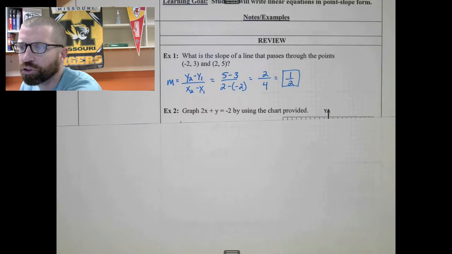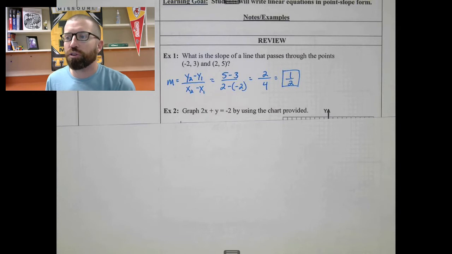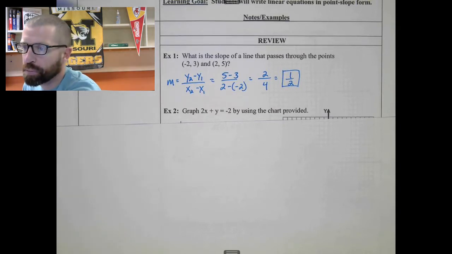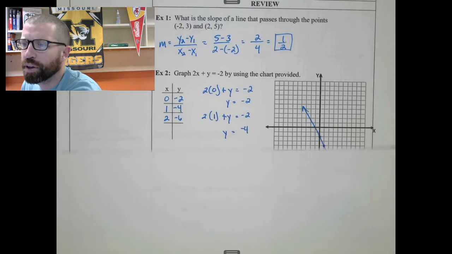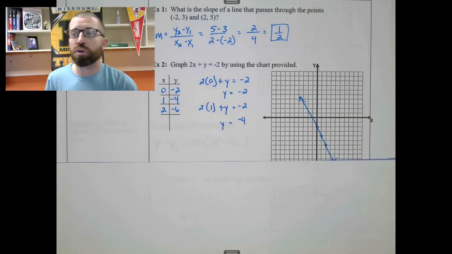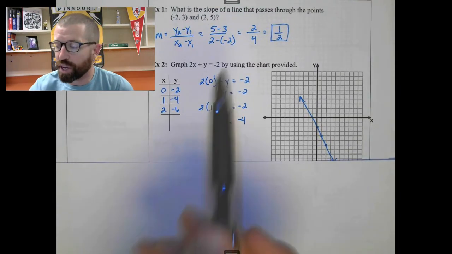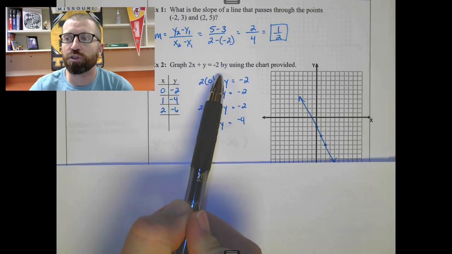And here is the next one. So graph that line using an XY chart. Pick a couple points, pause the video, and do so. And here I picked the points 0, 1, and 2. If you want to rearrange things, you can. Probably a little quicker if you subtract 2 from both sides first.